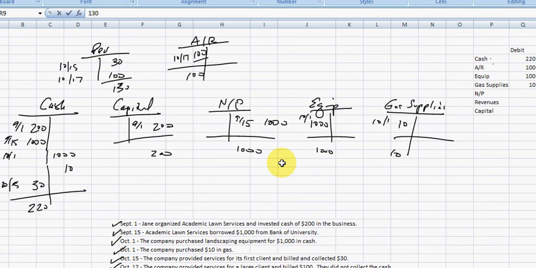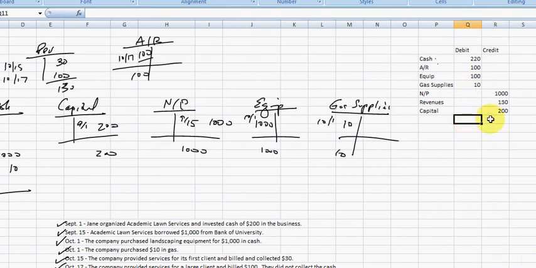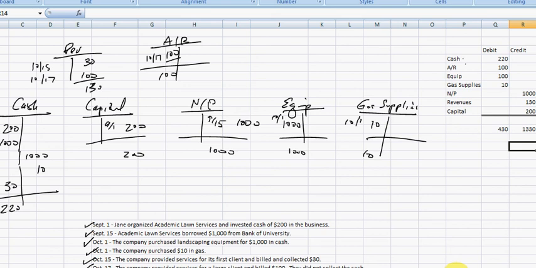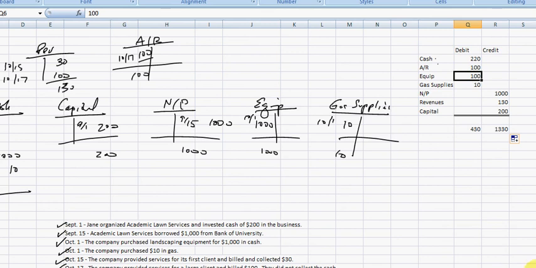Revenues 130 credit balance, and capital 200 balance. Equipment should be $1,000 balance.